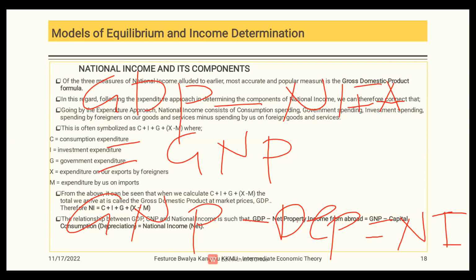You're following, right? So the main difference you find is that GDP does not include the production from abroad, but GNP does include production from abroad.